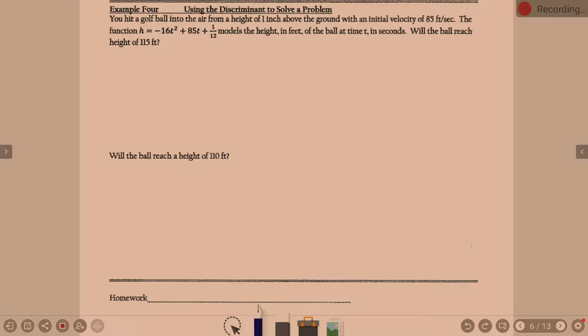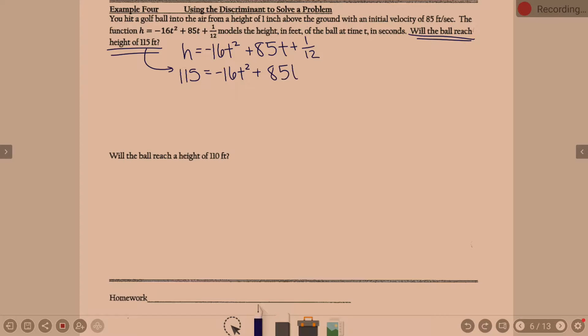Now, the question is, will the ball reach a height of 115 feet? So what do we want to do with that 115? Plug it in for the h. So we're using the equation h equals negative 16t squared plus 85t plus 1/12, and we plug in 115 because we want to know, will it reach that height?